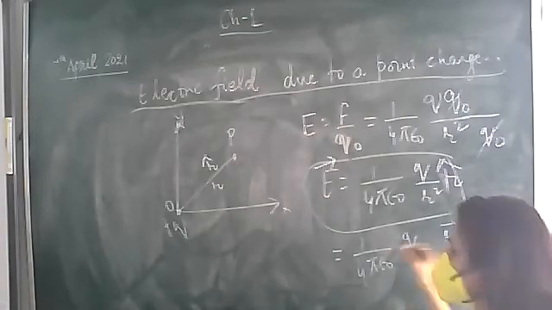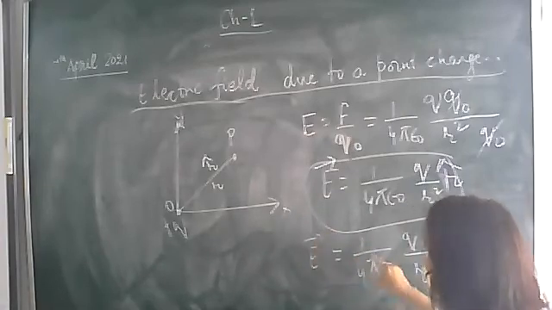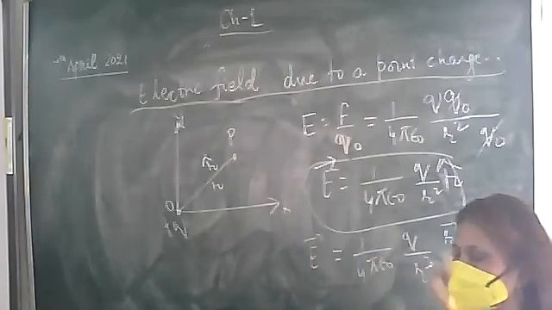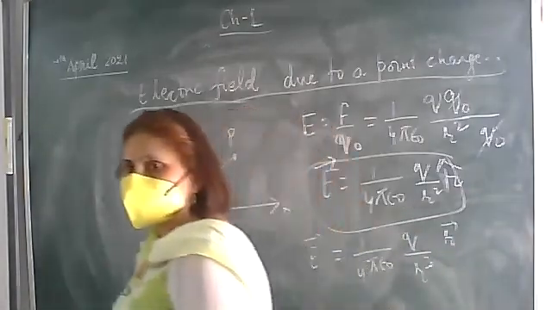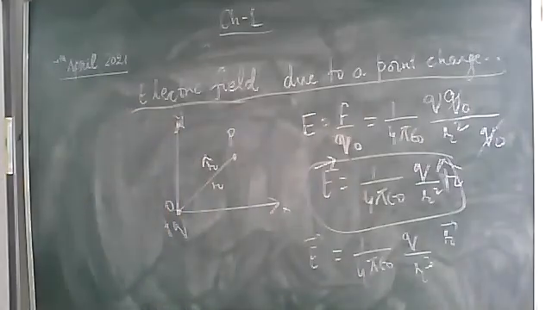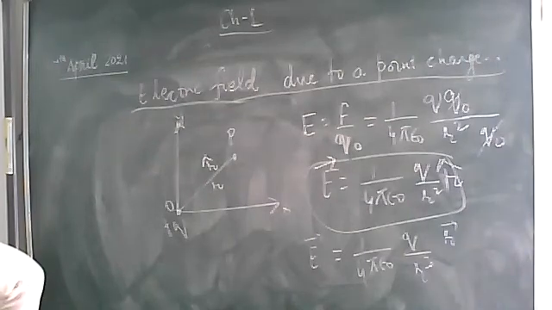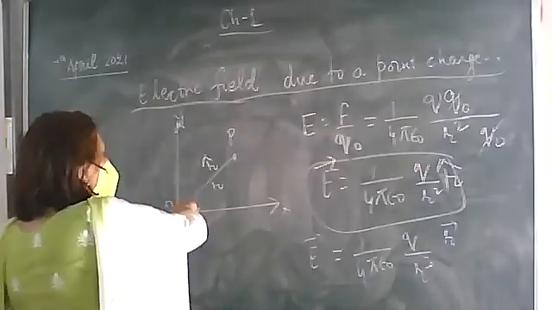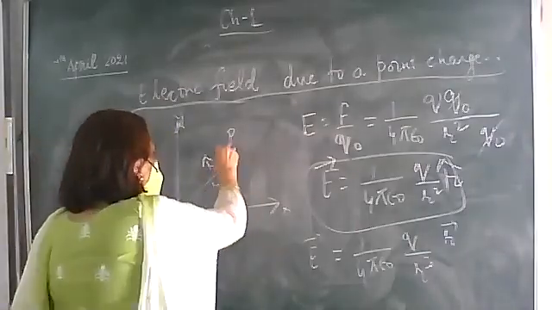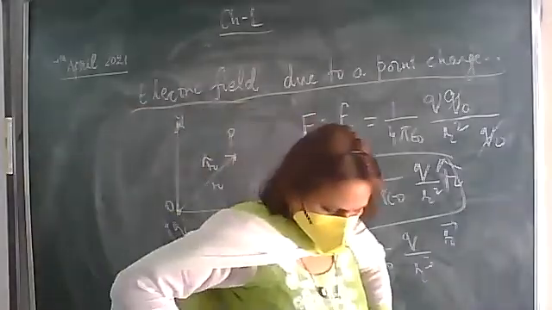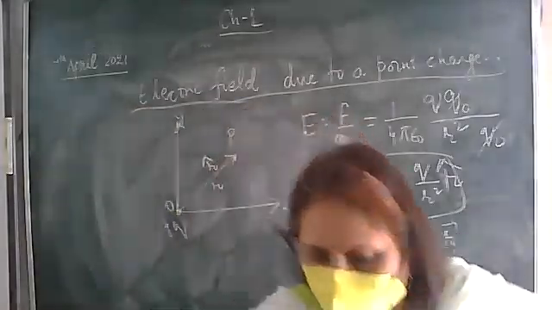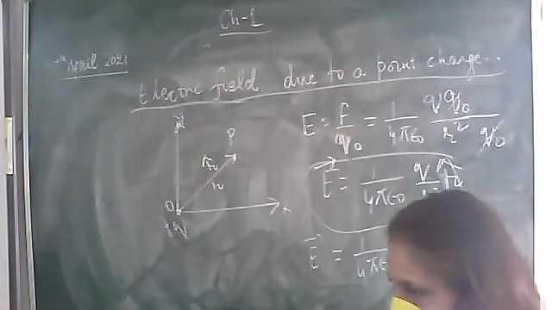So it can also be written in this form: 1 upon 4 pi epsilon naught, Q by R cube into R vector. So the electric field due to a single point charge is given by 1 upon 4 pi epsilon naught, Q by R square, R unit vector, which is along the OP vector.